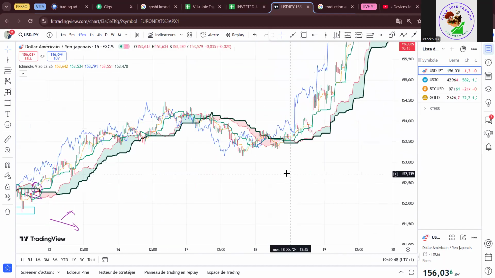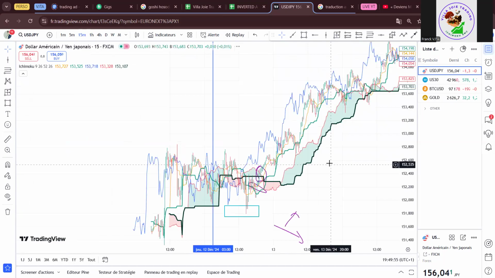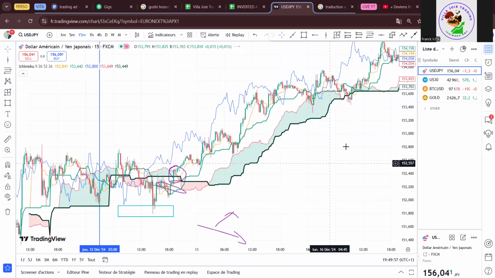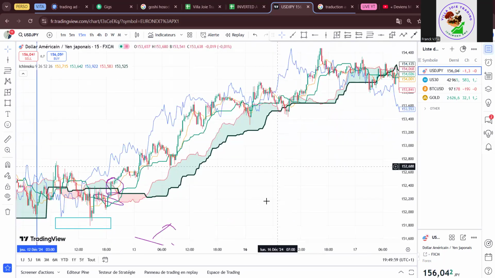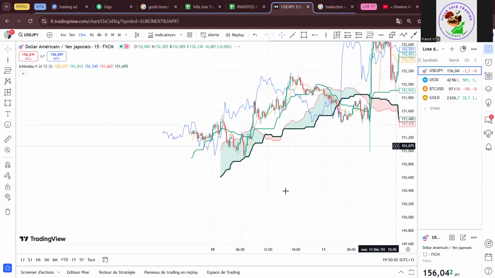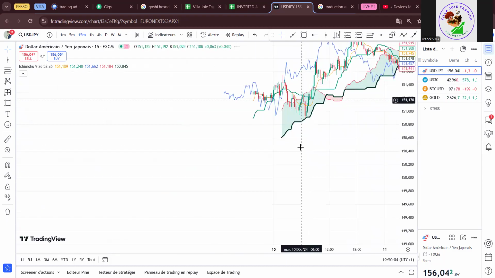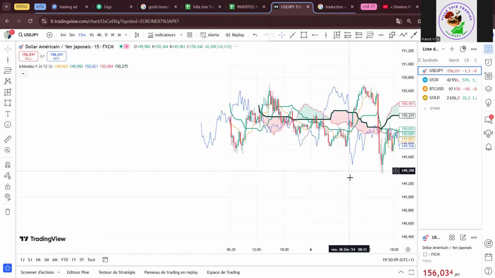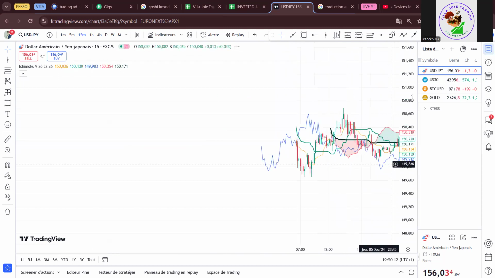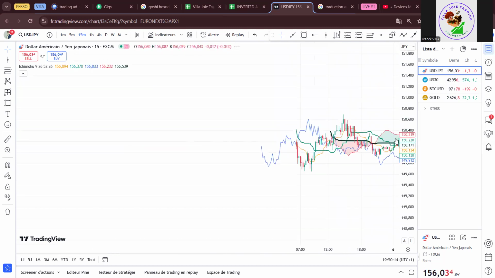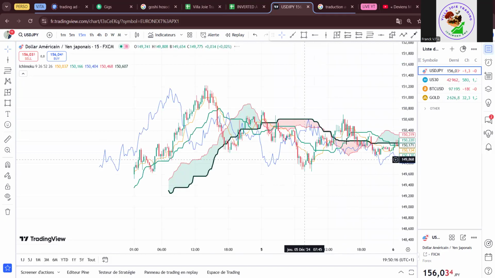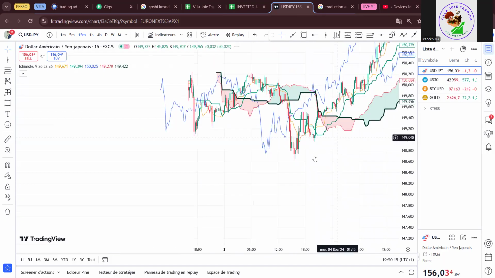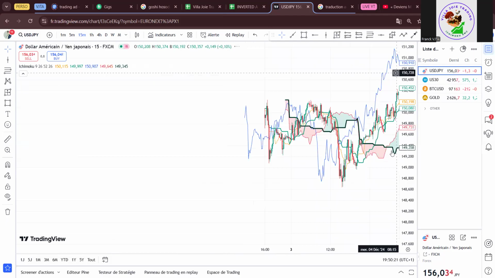I want to find this example. This can be one of the examples, but it doesn't look very clear. I want something that is a little bit difficult to see, because we are talking about a difficult market to read.